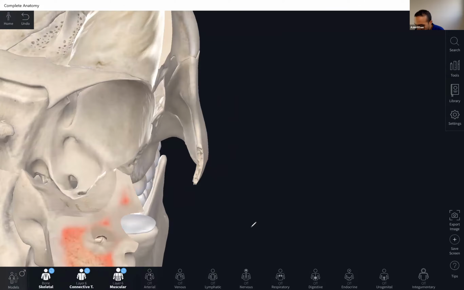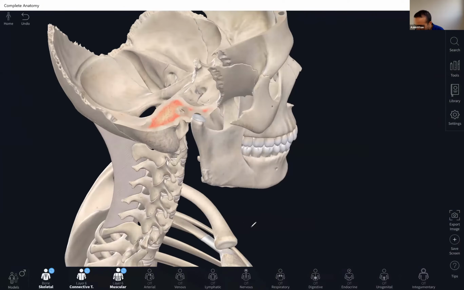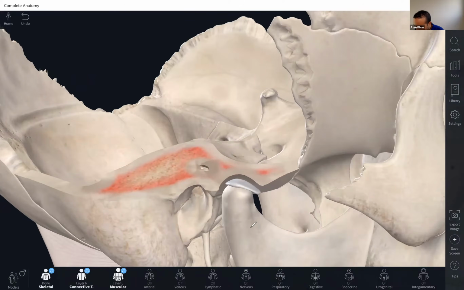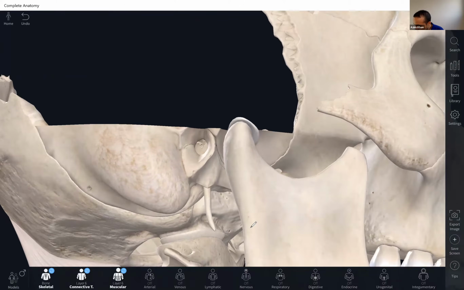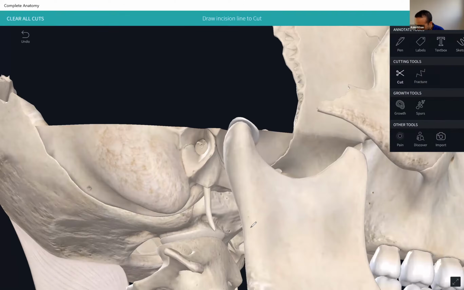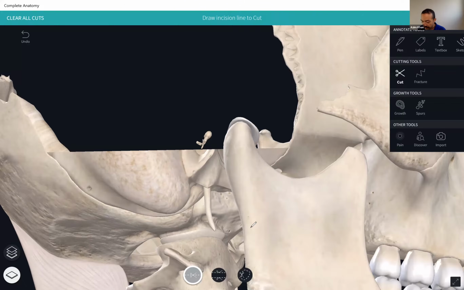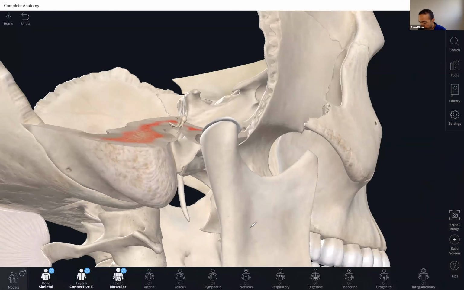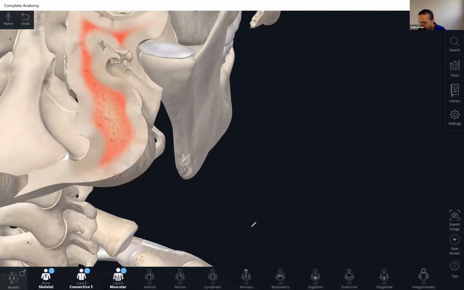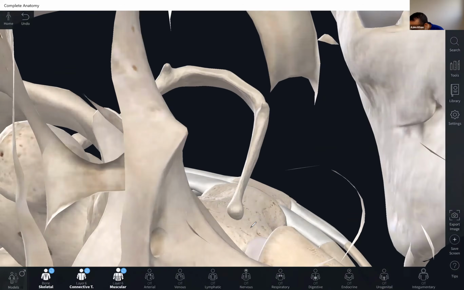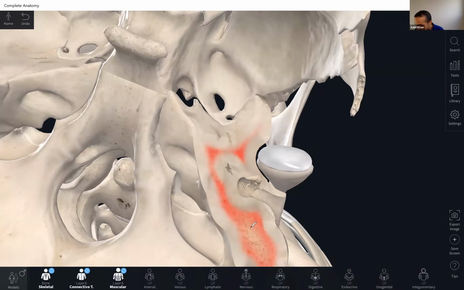A little more. We can see that the auditory ossicles are exposed now. So the auditory ossicles, very small, are within this space of the temporal bone.